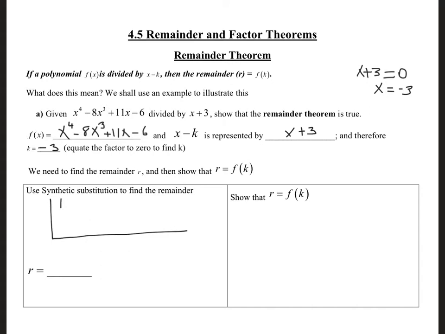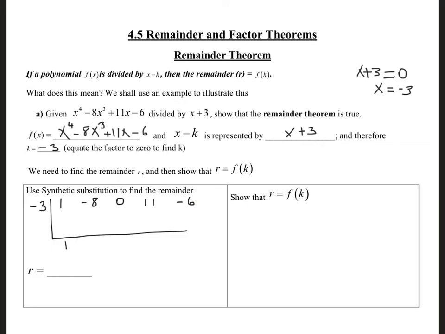The coefficients are 1 and negative 8. And I see there is no x squared, so I need to put 0 there, and then 11, and then negative 6. And then here I'm going to put negative 3.